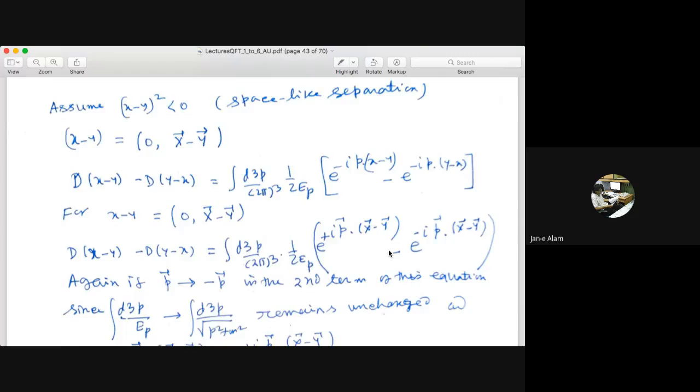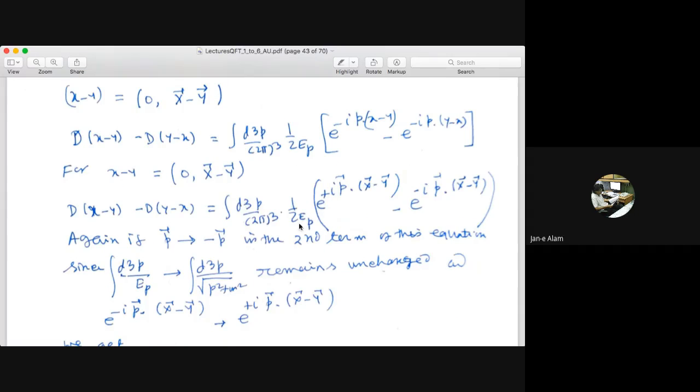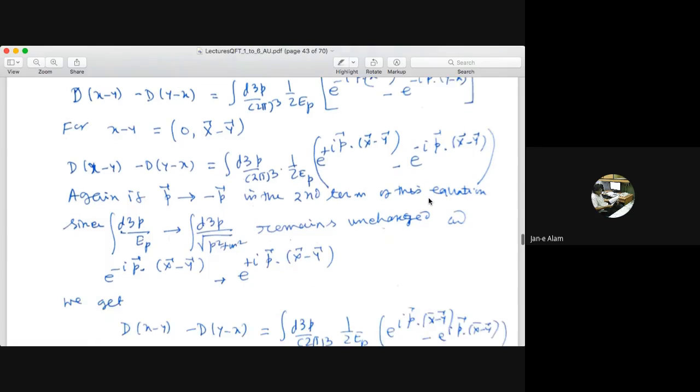In the spatial component, I keep the first term the same, and in the second term I change the variable p to minus p. In the integral measure d cube p and 1 by 2 Ep, nothing will change, because Ep, the energy, is a function of the square of the momentum, and d cube p will not change. So the only change comes from the exponent. It will just become plus, and then this term will cancel and give you 0.